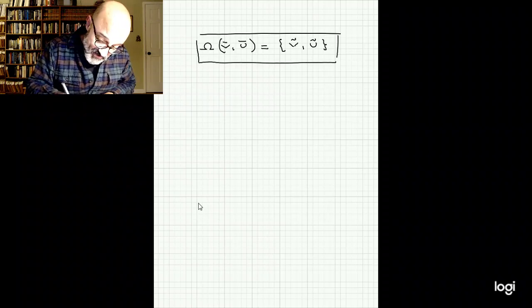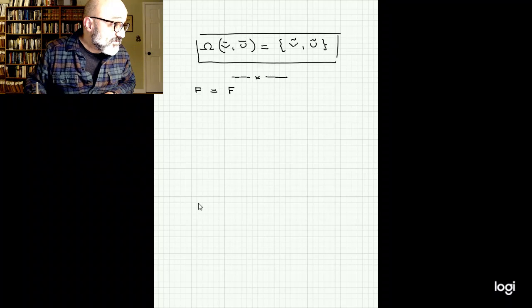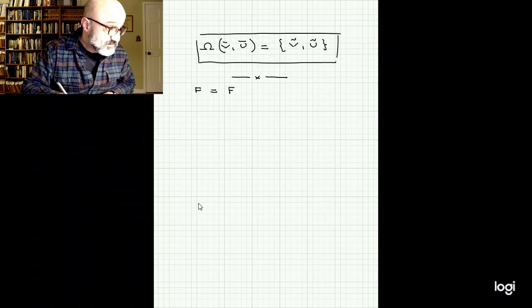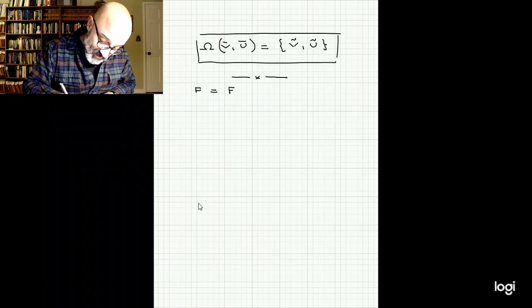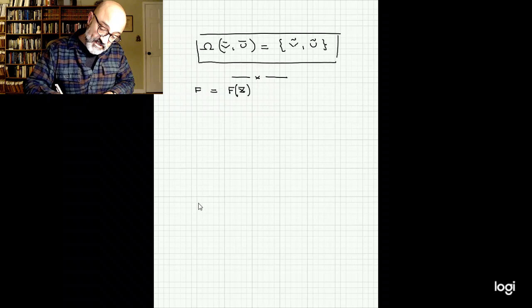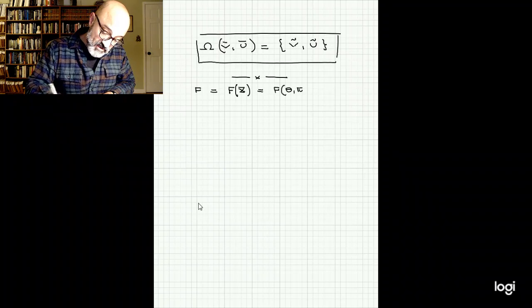Suppose that you have a generic function of x, of the point. So this is just some generic function on the cotangent bundle. This is a function of the thetas and of the pi's.